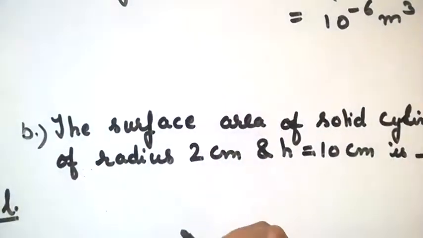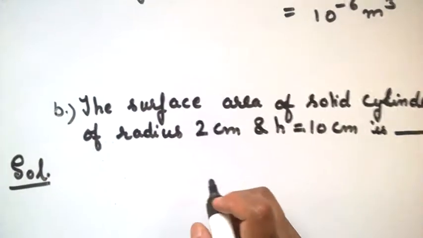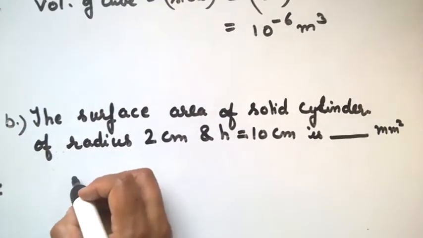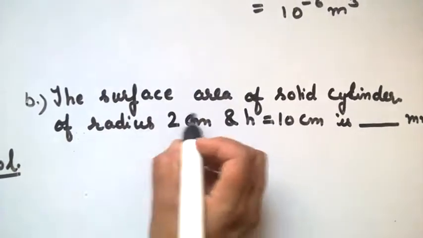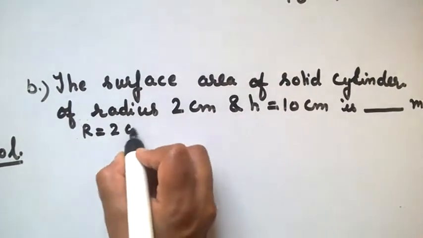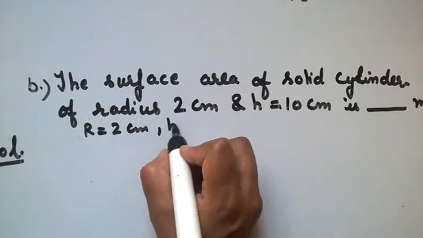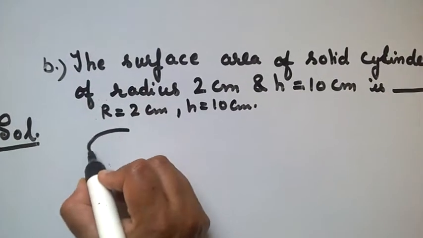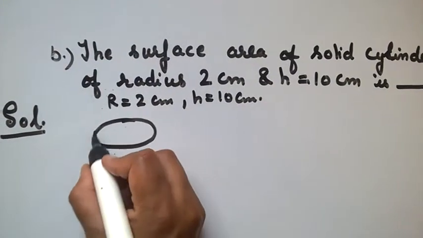Now next part is find the surface area of solid cylinder of radius 2 centimeter and height 10 centimeter. Surface area of a solid cylinder, radius is 2 centimeter and height is 10 centimeter. Here consider a cylinder.